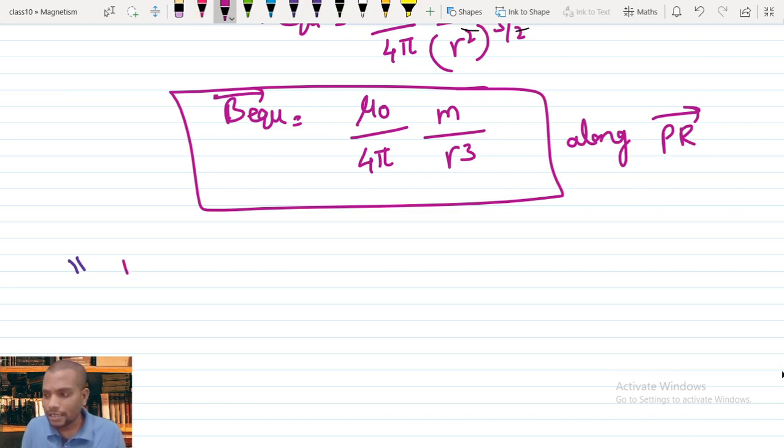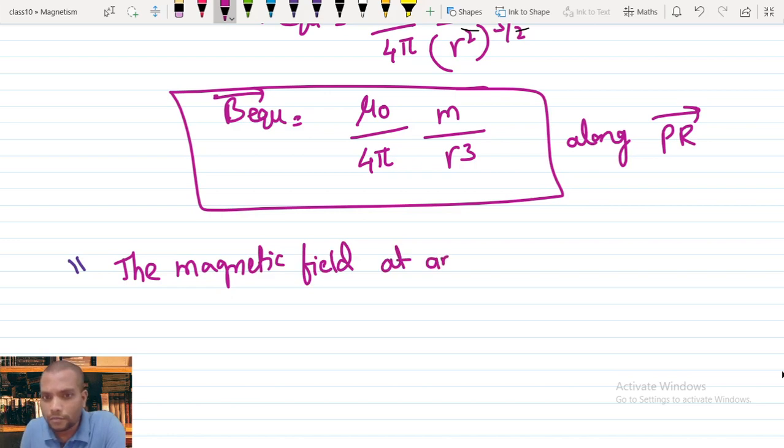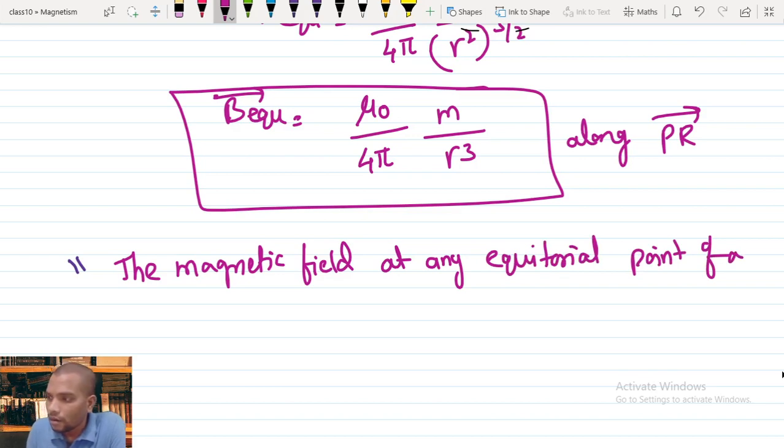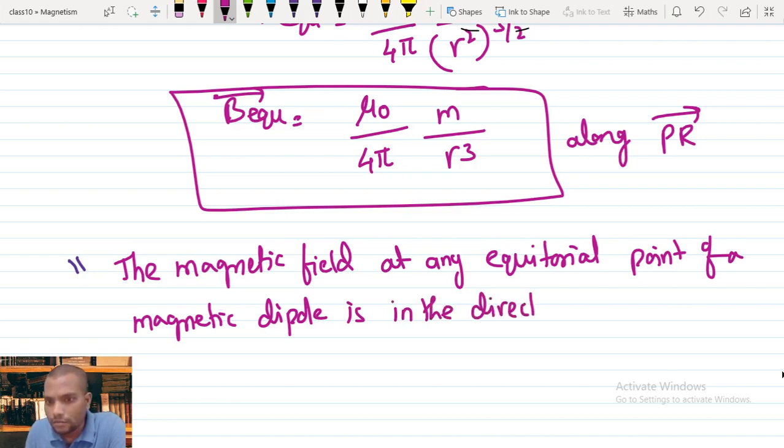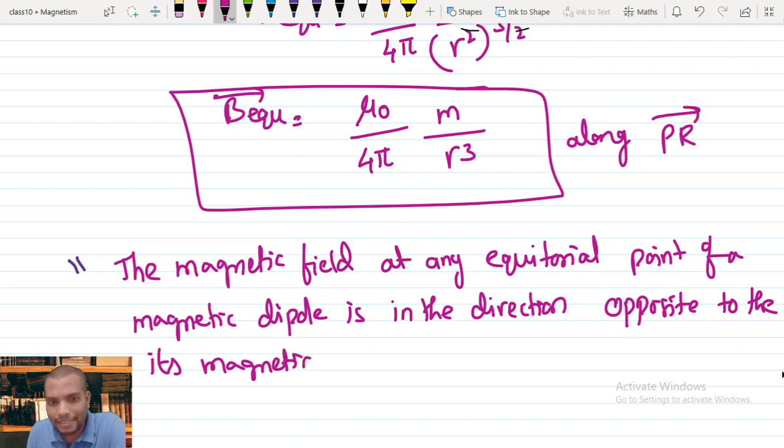So the magnetic field at any equatorial point of a magnetic dipole is in the direction opposite to its magnetic moment direction.